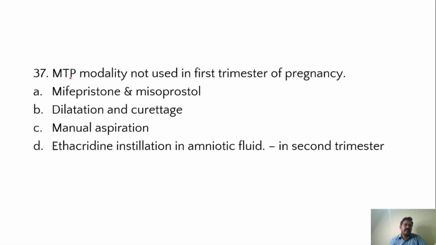Next, coming to the medical termination of pregnancy modality not used in the first trimester of pregnancy. The options are mifepristone, misoprostol, dilatation and curettage, manual aspiration, and ethacridine instillation in amniotic fluid. Please remember, mifepristone, misoprostol, dilatation and curettage, and manual aspiration are done in the first trimester of pregnancy, whereas the ethacridine extraamniotic instillation will be done in the second trimester.